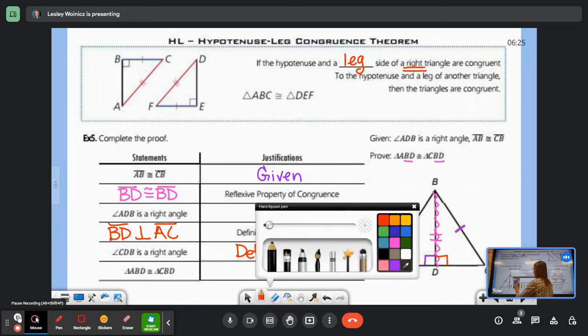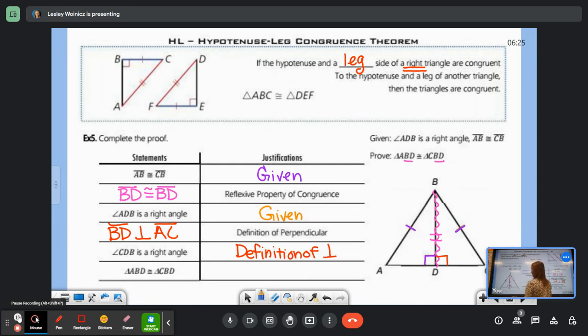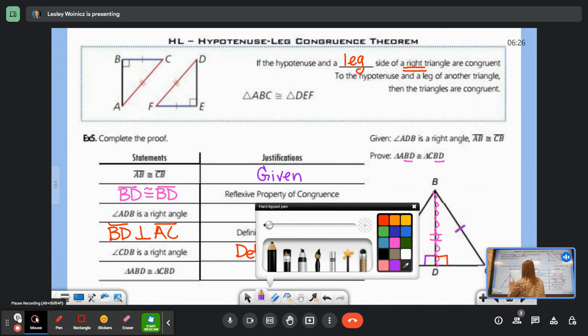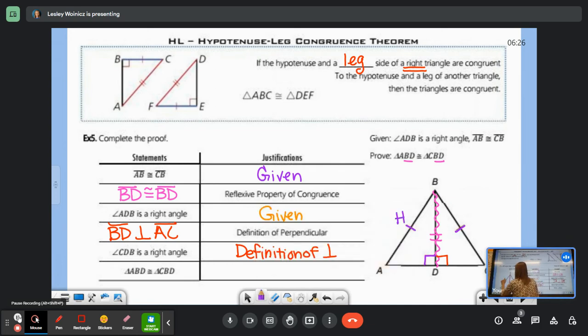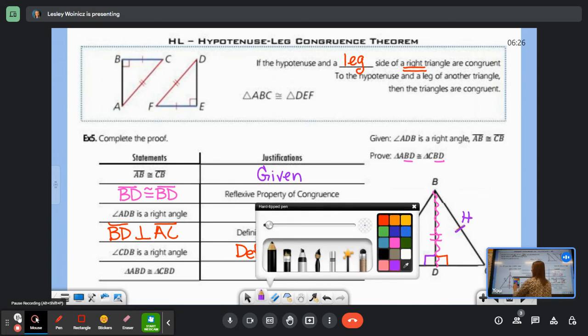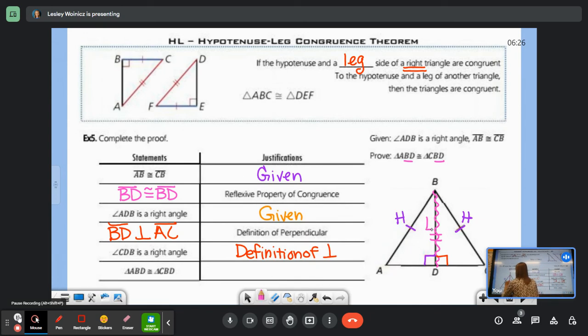Okay, next. Oh, look. So we had to do three things. We had to get a congruent hypotenuse. That was given to us. The H was given to us. We had to get a congruent leg. That's this side right here that was congruent to itself.